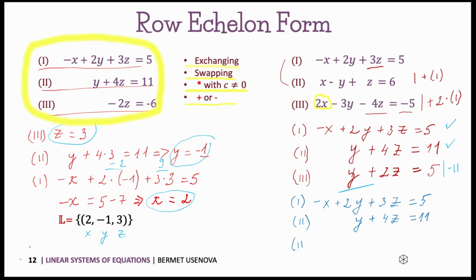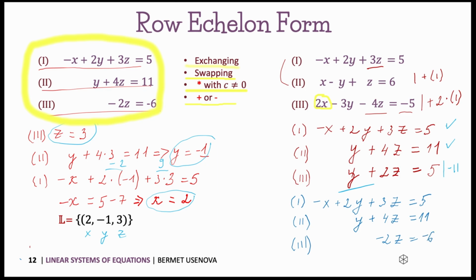And the third one, this one minus the second one, we get rid of y: 2z minus 4z will give us minus 2z, and 5 minus 11 will give us minus 6.